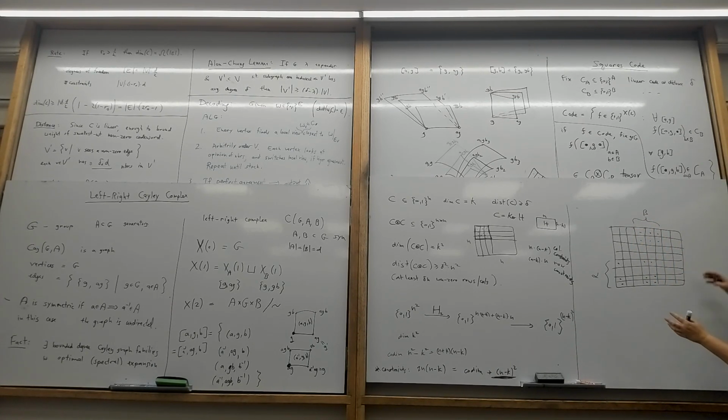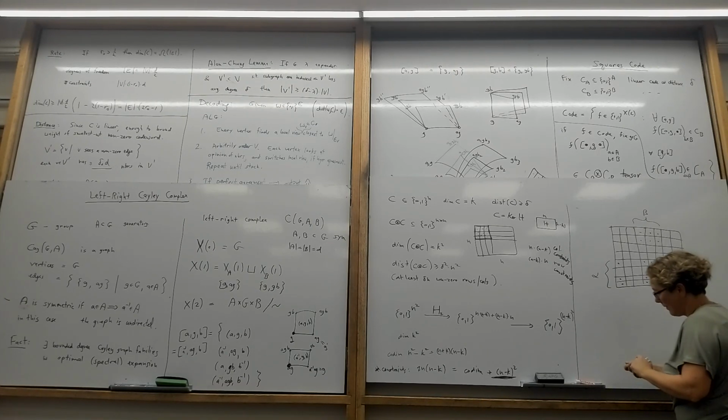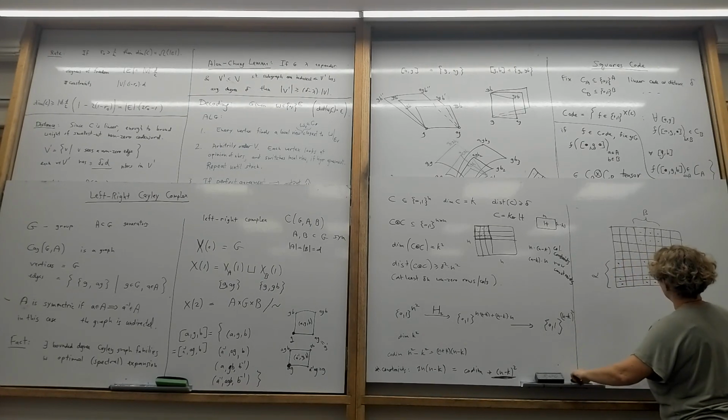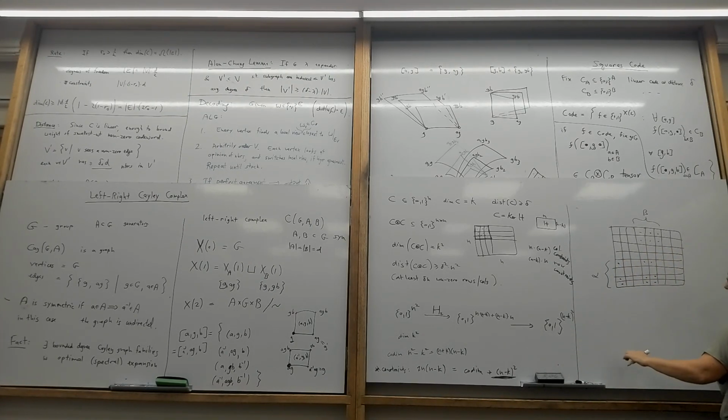Then let's look at the subset of bits that are alpha times beta. Let me erase these and just draw the set of bits that are alpha cross beta.